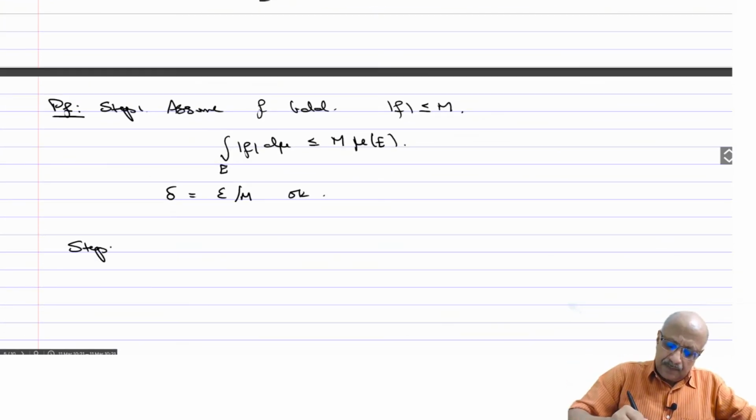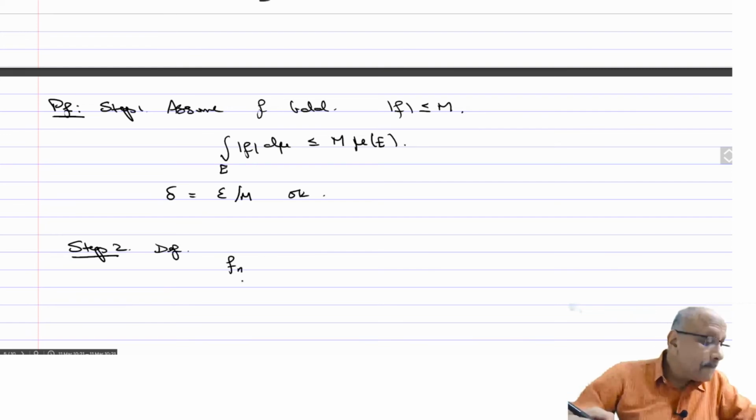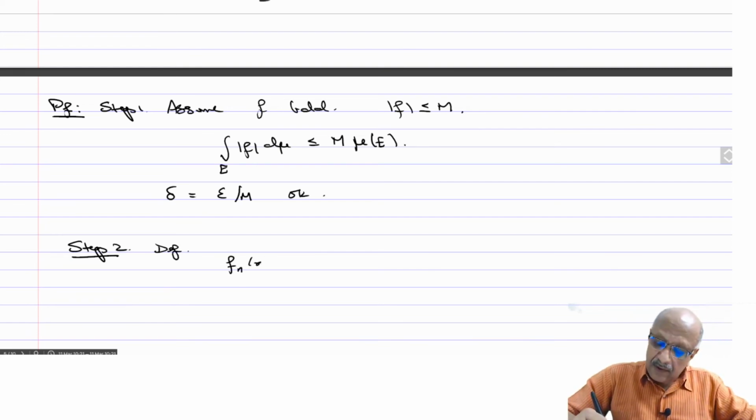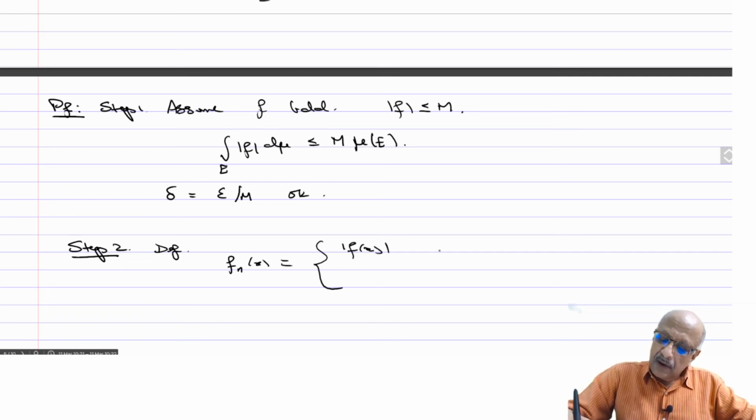Step 2, define f_n of x equals mod f of x if mod f of x is less than or equal to n, and n if mod f of x is greater than or equal to n.